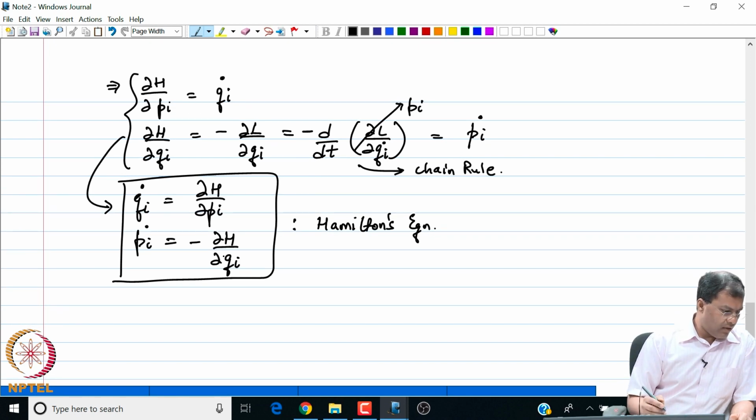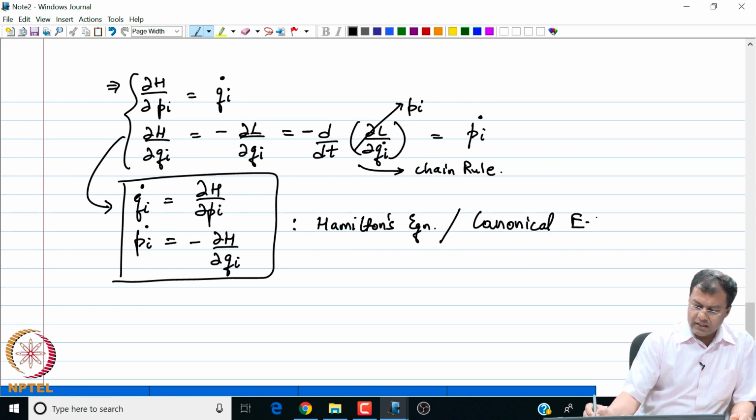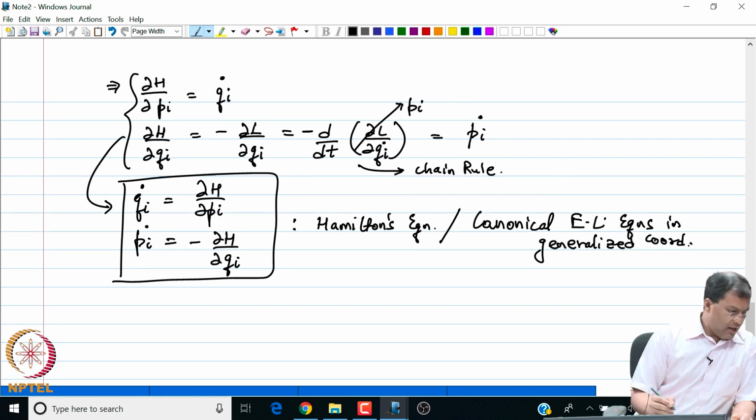By the way, this is Hamilton's equation, also known as the canonical Euler-Lagrange equations in generalized coordinates.